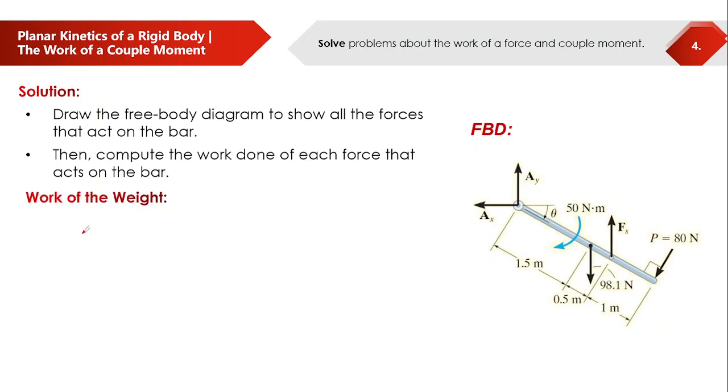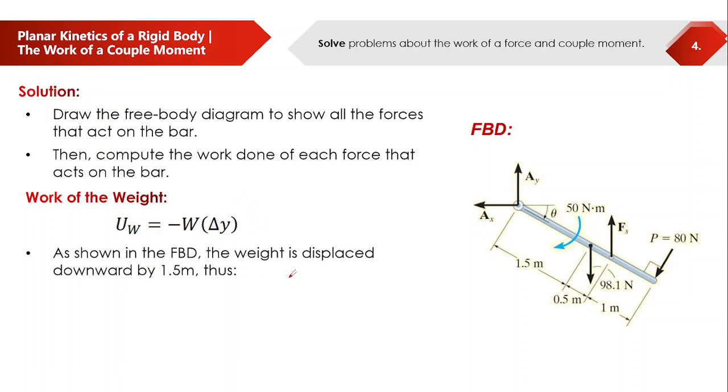So let's have muna the weight. Okay? So the weight, we all know that it is computed by U sub W is equal to negative W times delta Y. As shown in the FBD, the weight is displaced downward by 1.5 meters.